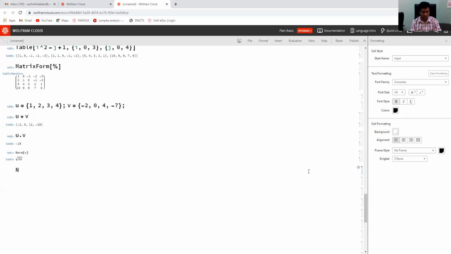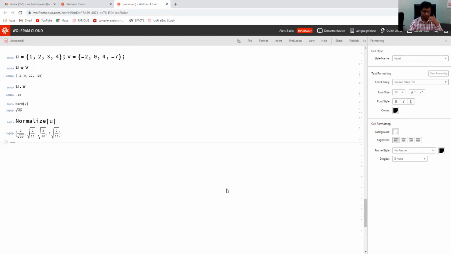We can find normalization: Normalize u. In fact, there are so many things. We consider only a few of them. Now let us consider the product of a matrix and a vector. Let us insert some matrix, say A.